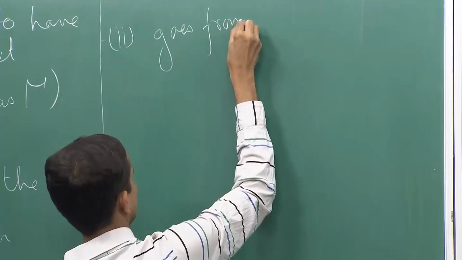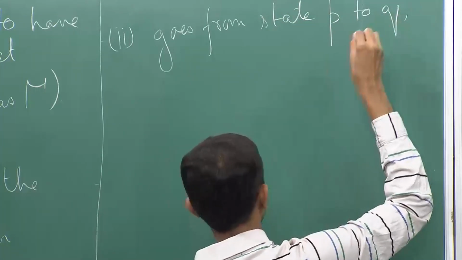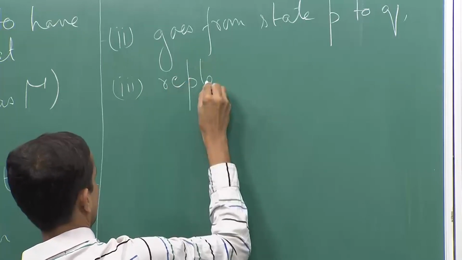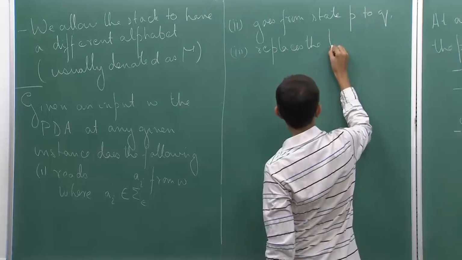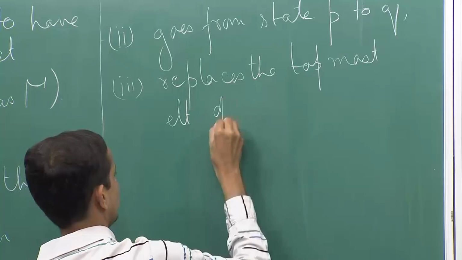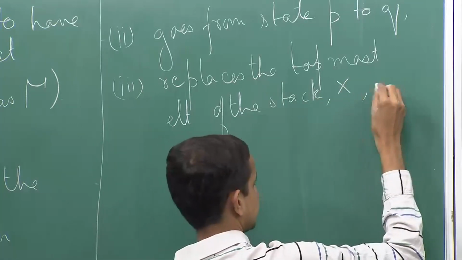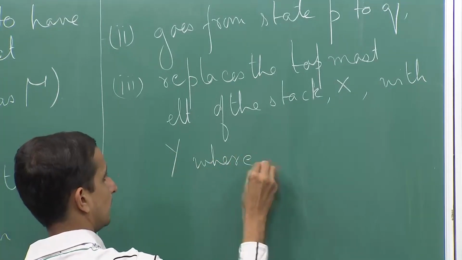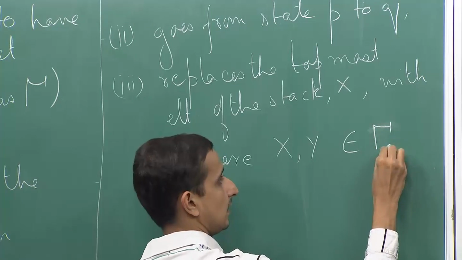goes from state, let us say P to Q, and replaces the topmost element of the stack, x, with y, where x, y once again are symbols in gamma epsilon.